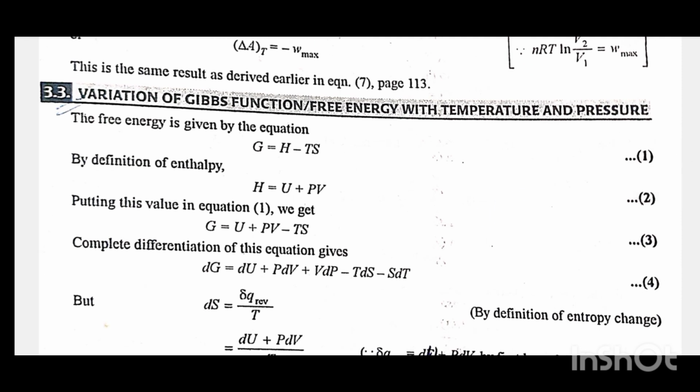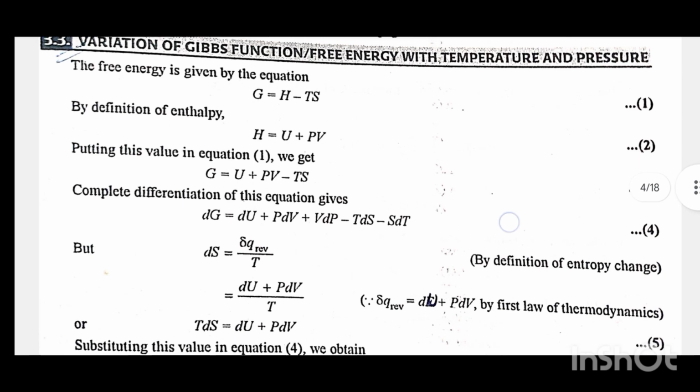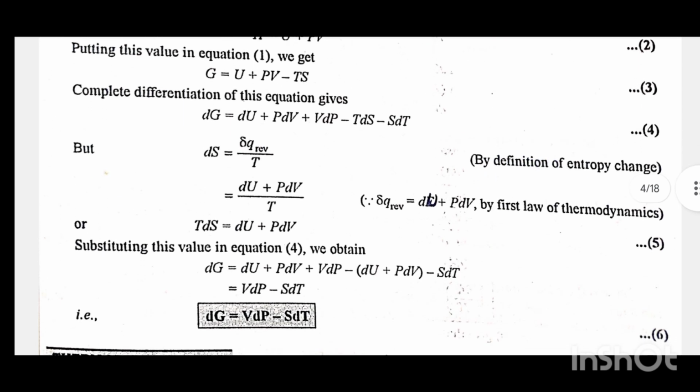Variation of Gibbs function, free energy with temperature and pressure. The free energy is given by the equation G is equal to H minus TS. By definition of enthalpy, H is equal to U plus PV. Putting this value in equation 1, we get G is equal to U plus PV minus TS.